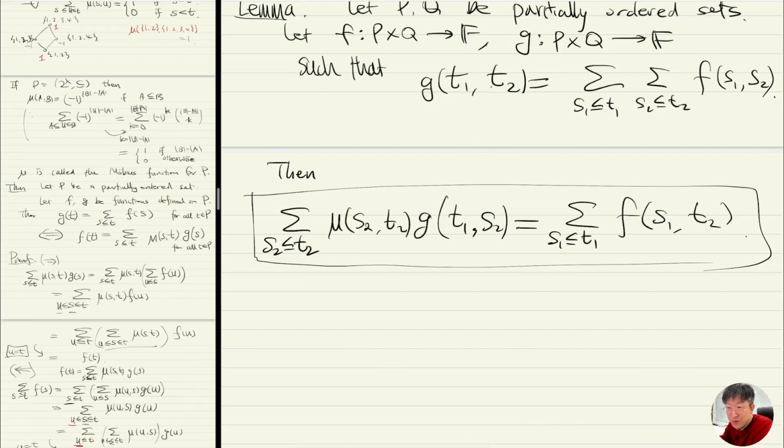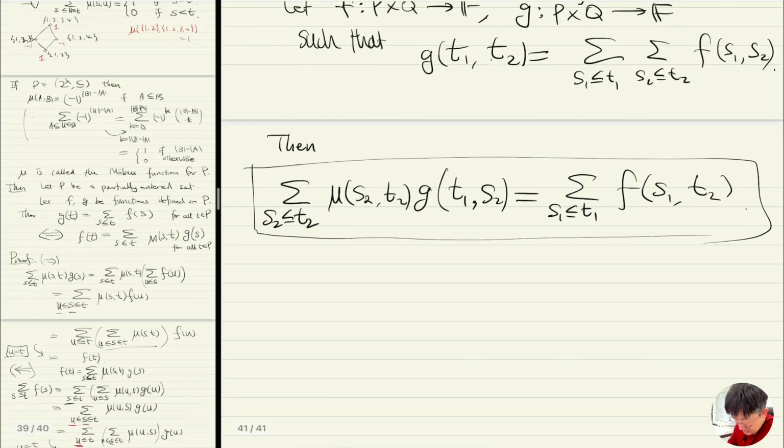For instance, if P has only a single element, then this is the same as one direction of the Mobius inversion formula. All right, so it's also again an easy exercise.